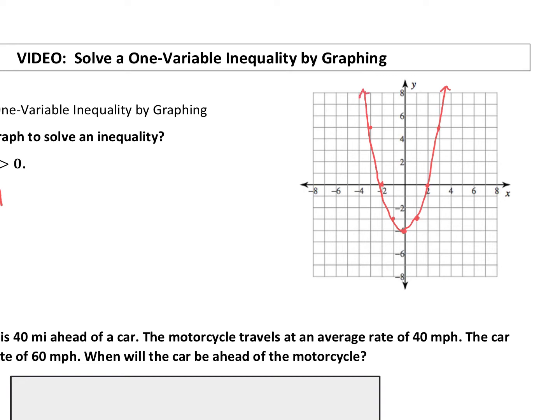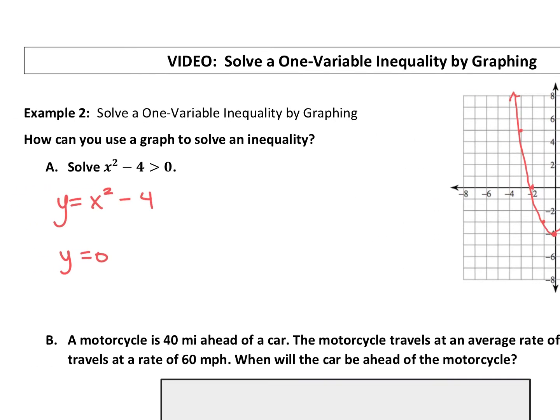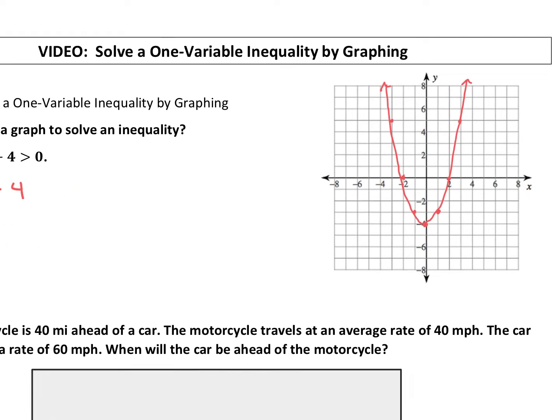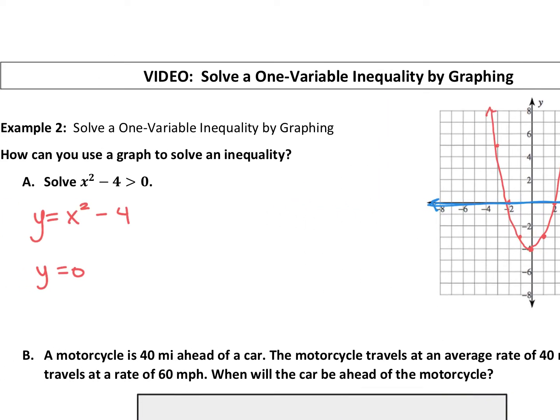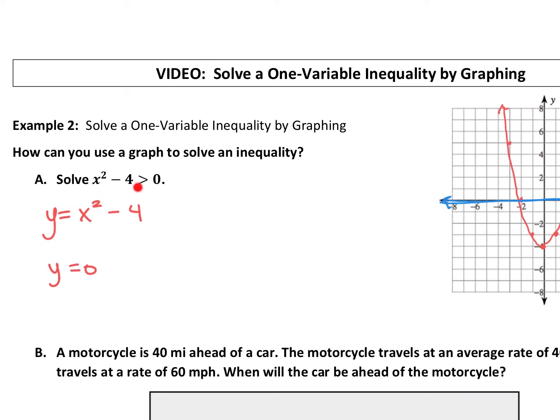All right, the other equation we had was y equals 0. So y equals 0 is right here on the x-axis. This is where your y equals 0. And the question is, when is x squared minus 4 greater than y equals 0?